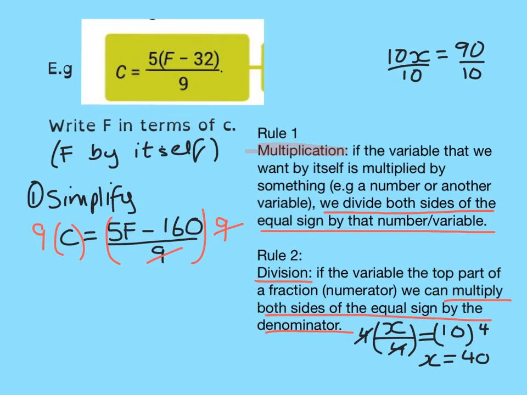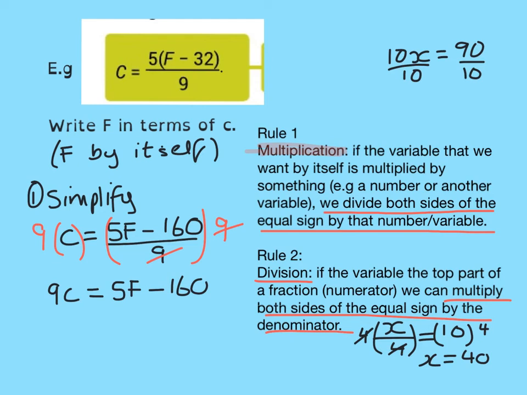And what I'm left with then is 9c equals 5f minus 160. Now it doesn't matter if I went ahead and multiplied that 9 in here, because 9 would then divide into everything and I'd still get 5f minus 160.